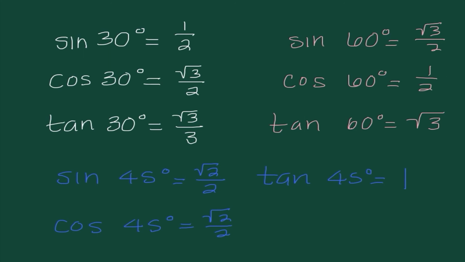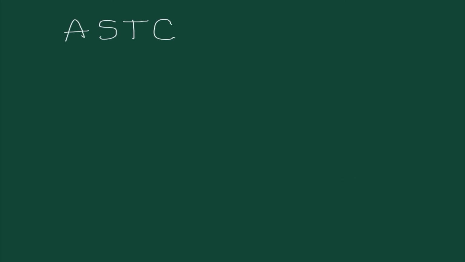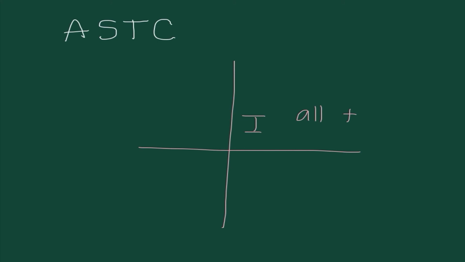So because of that, we need to remember our saying, all students take calculus. So just to review, that meant that in quadrant 1, all trig functions were positive. In quadrant 2, only sine and obviously cosecant were positive. In quadrant 3, tangent was positive.